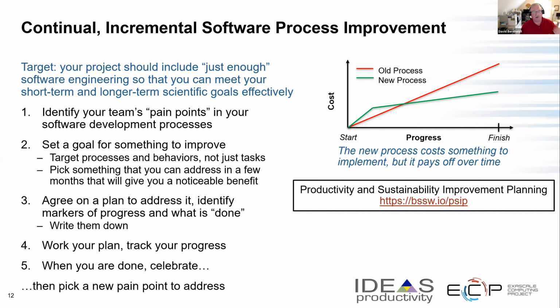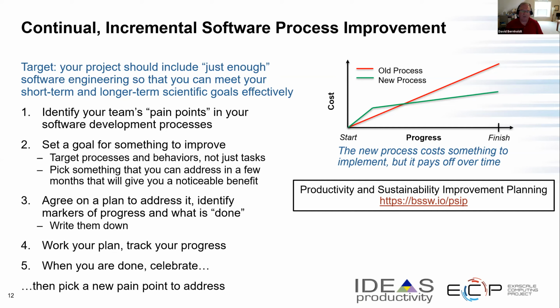You should target processes and behaviors, not just tasks that would improve. Write better documentation is a task. How can you ensure that everybody is writing better documentation, and updating that documentation is a process or a behavior?